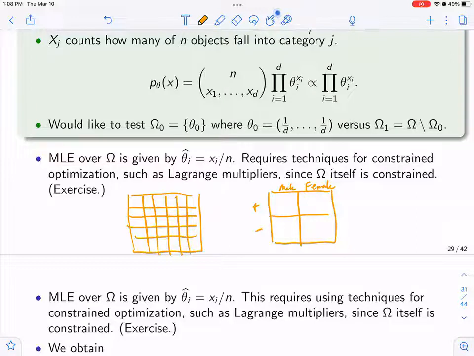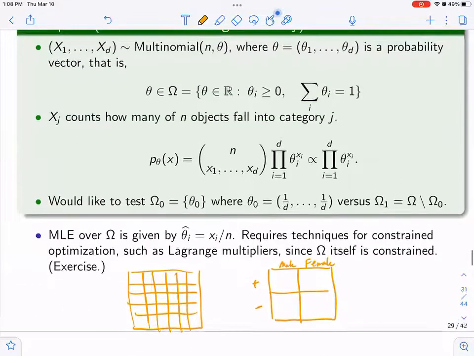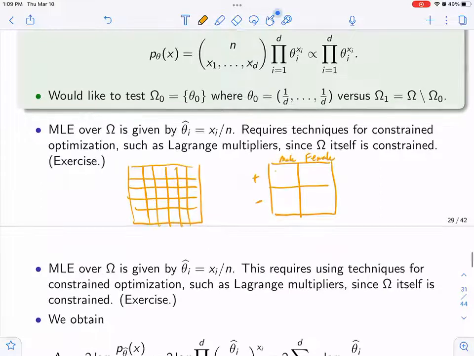So if you think about this, the entire table is a multinomial variable. You can think of it as a giant vector, which has a multinomial distribution, with n being the total number of cases. The probabilities would be P11, P12, P21, P22.